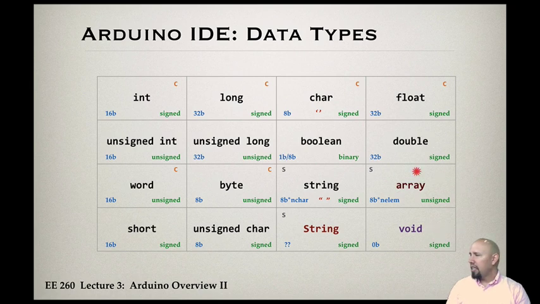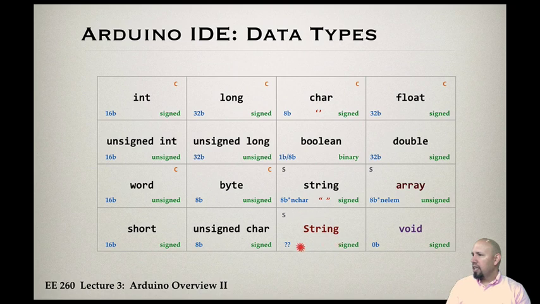Similarly with array, it's a little bit different. And the number of bits that's required: this takes up 8 bits per character, and it has in general n characters. This has 8 bits and the number of elements.